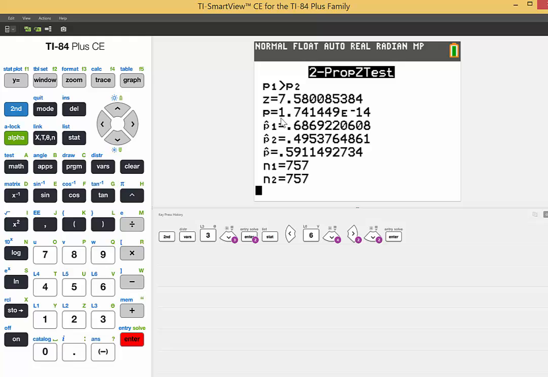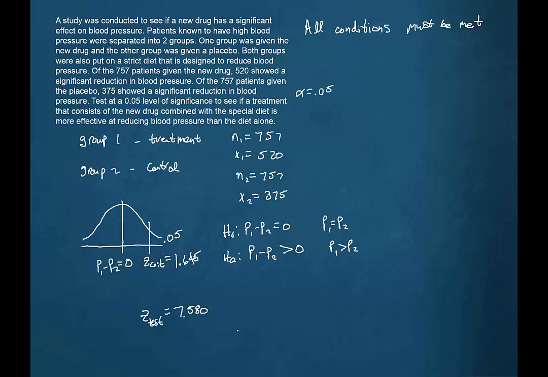Let's also note that our p-value is given to us in scientific notation with an exponent of -14. That means we have to go out to the 14th decimal place before we find a non-zero value. So this value is very, very small, certainly smaller than 0.05. Whether we use our p-value and compare it to alpha or our z-test value and compare it to our z-critical value, the conclusion should be the same.